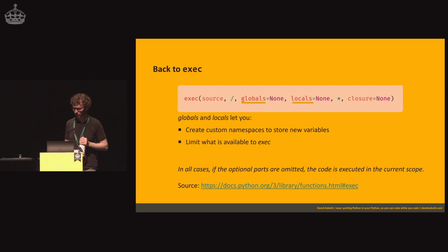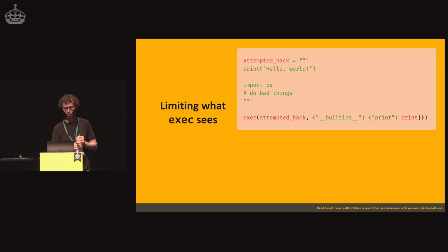So for example, as a very blunt instrument, when we allow someone to run their arbitrary Python code on our system, we will overwrite this globals dictionary rather than give exec access to everything in the global scope. We will just give it a subset. So we'll say, okay, yes, there are some built-ins, but you can only have a print function.